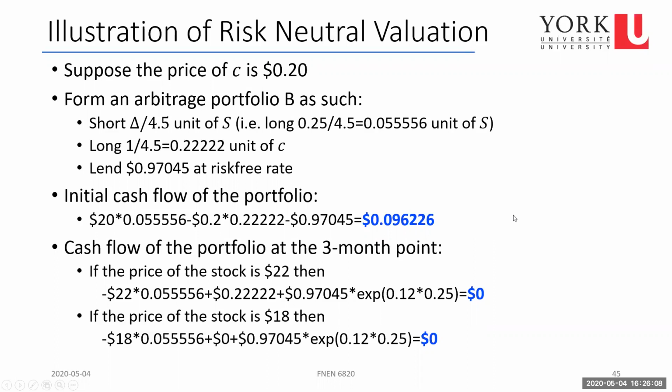So in this case, your strategy would be reversing that: you short 0.0556 units of stock, and you long 0.22 units of SSC. So in this case, instead of borrowing money, you can lend some money out.